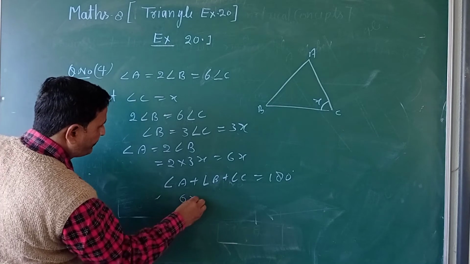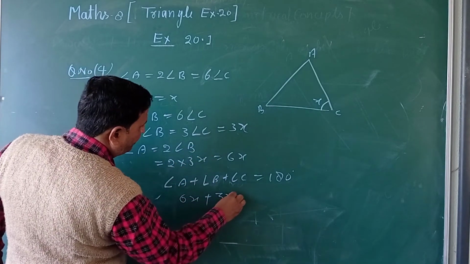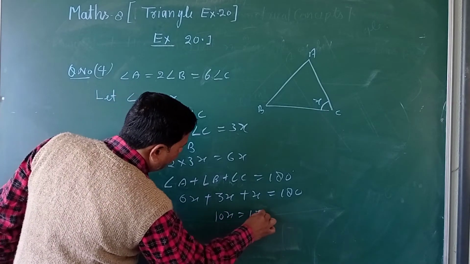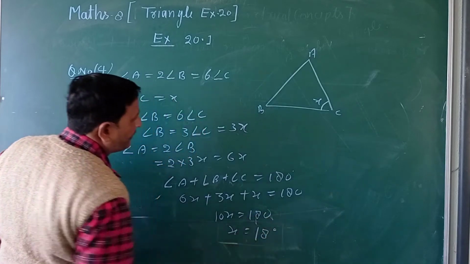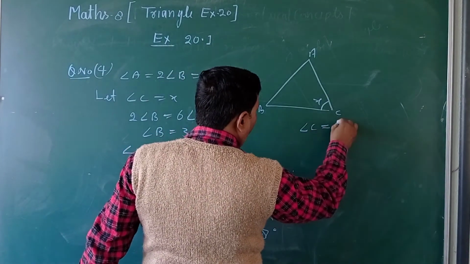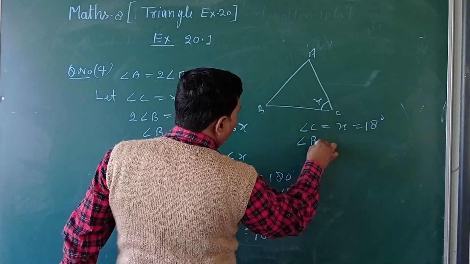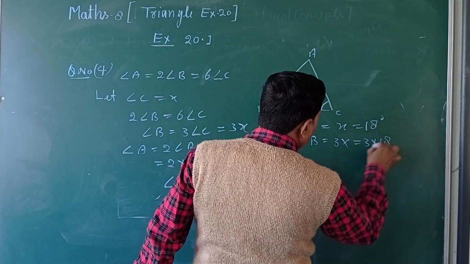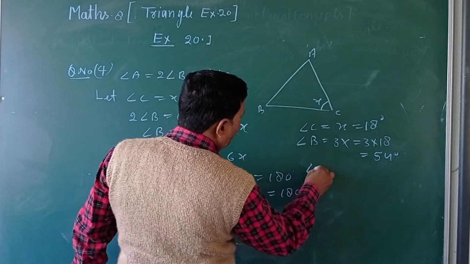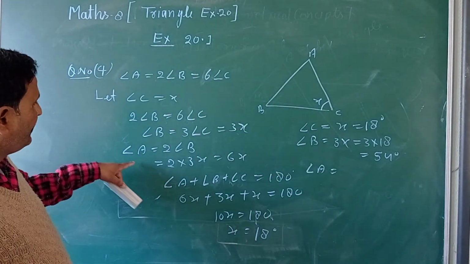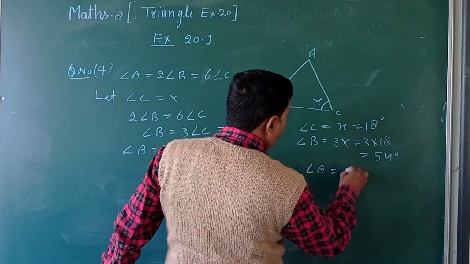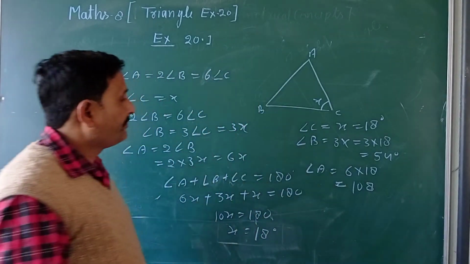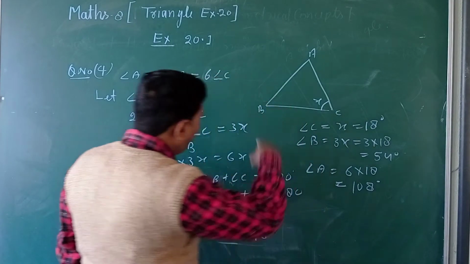A is equal to 6x, B is equal to 3x, and C is equal to x, total 180. 10x is equal to 180, x is equal to 18 degrees. So angle C value is x, meaning 18 degrees. Angle B value is 3x, 3 into 18, 54 degrees, and A is equal to 6x, 6 into 18, 108 degrees. Total 180. This type of question you can easily do.